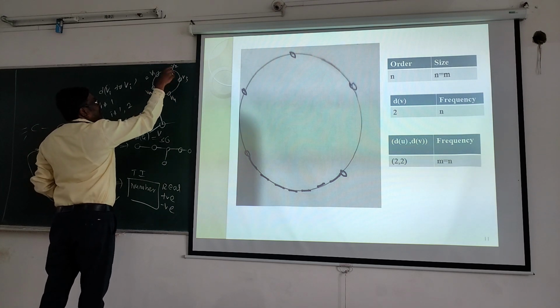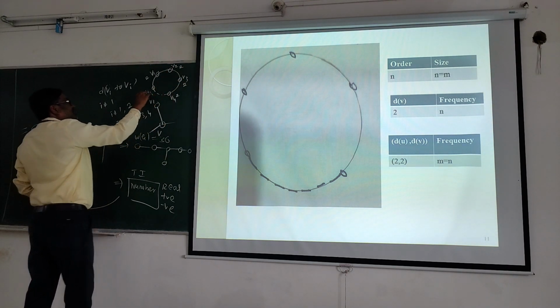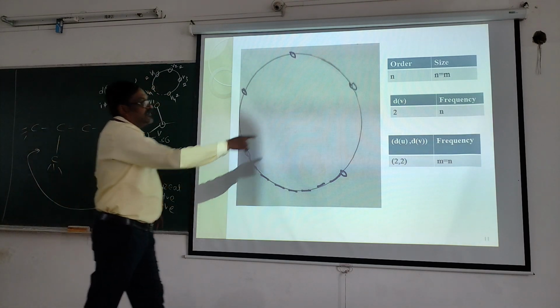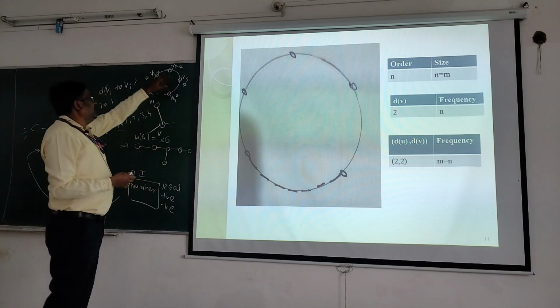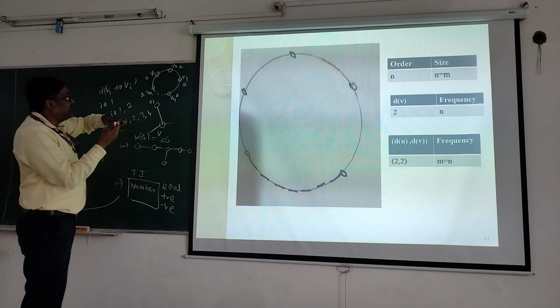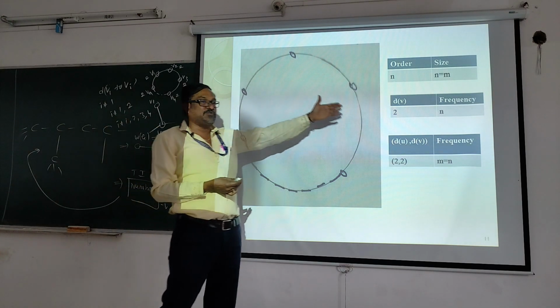Degree of V2 is 2, degree of V3 is 2, degree of V4 is 2, degree of Vn is 2. That means the degree of all Vi is equal to 2. And their frequency: how many vertices are there? There are n vertices, so the occurrence is n.